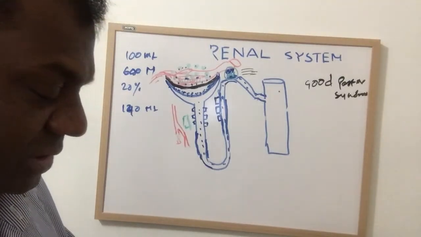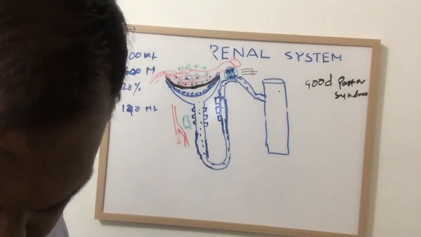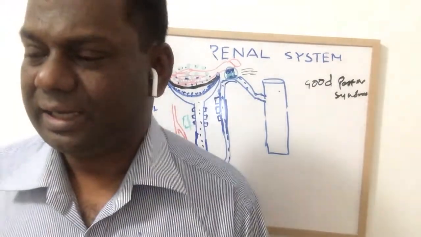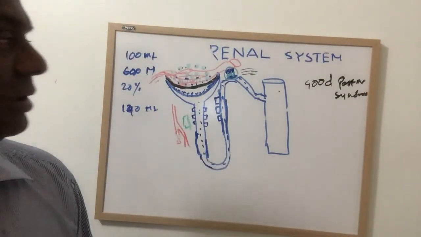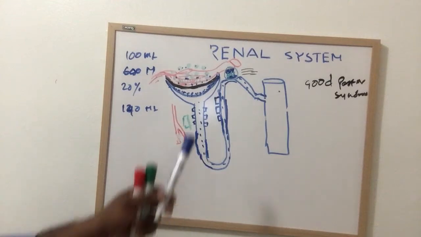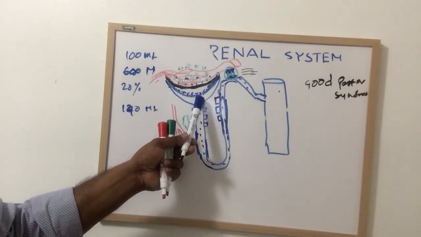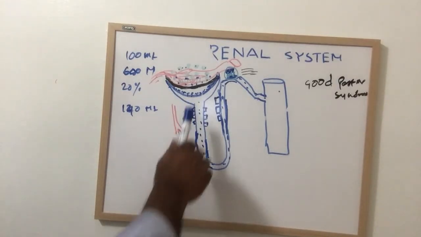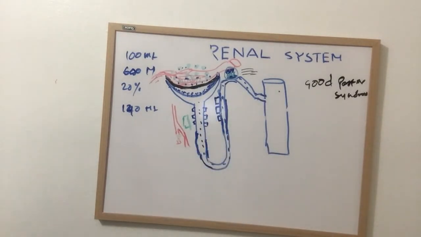Basically, in the plasma protein, we find albumin, globulin, and fibrinogen. When, because of the injury, albumin enters and is excreted in the urine, we call it albuminuria.